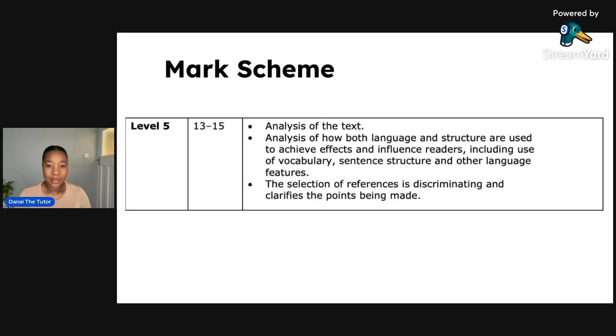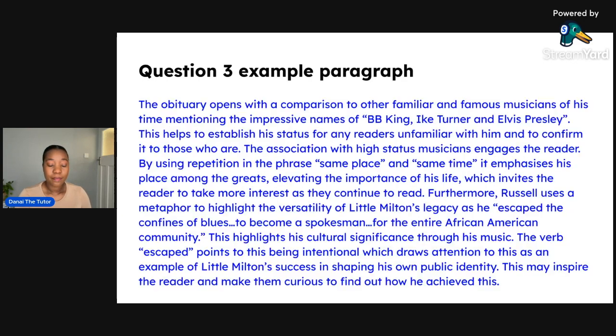You are capped if you only focus on either just language or just structure. So you have to make sure that you're analyzing both. And then your references need to be discriminating and clarifying your points. That's why it's important that your quotes are precise and that you are using other quotes to support and clarify the point that you are making.